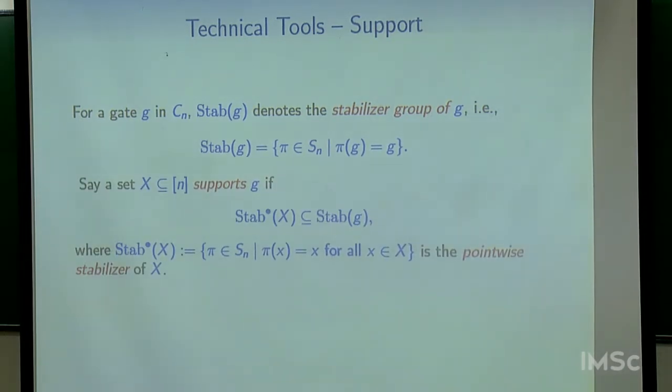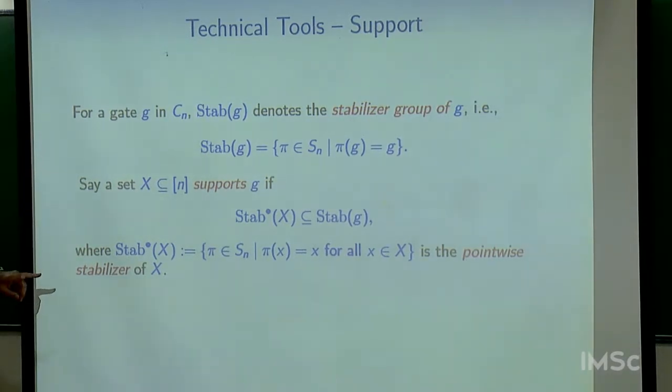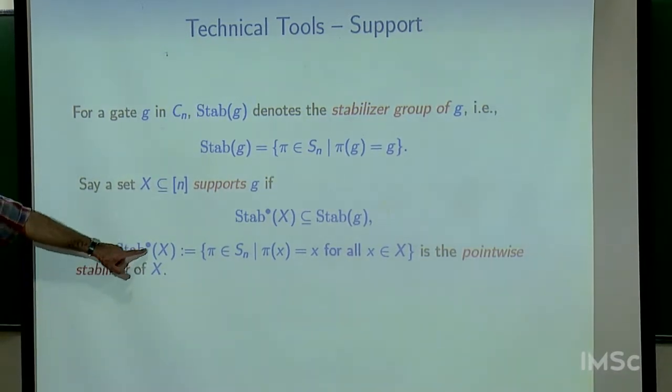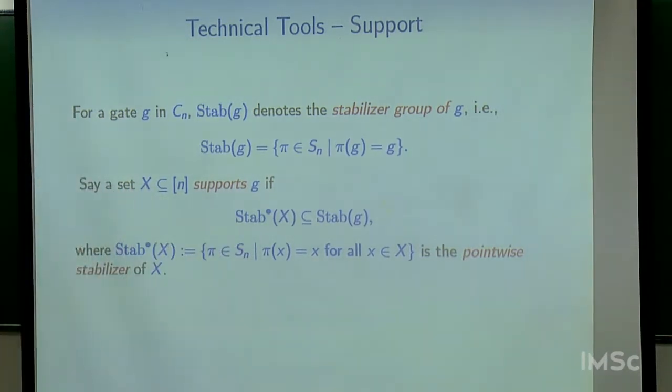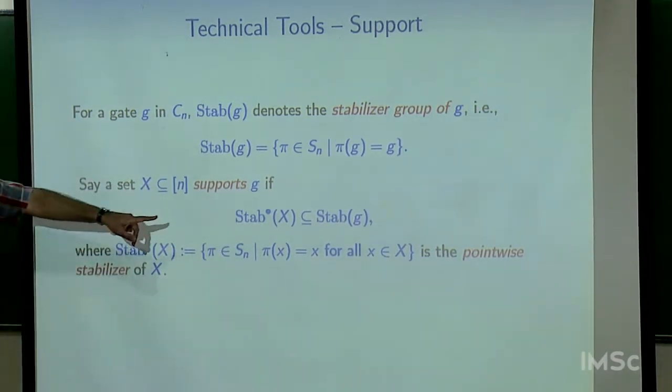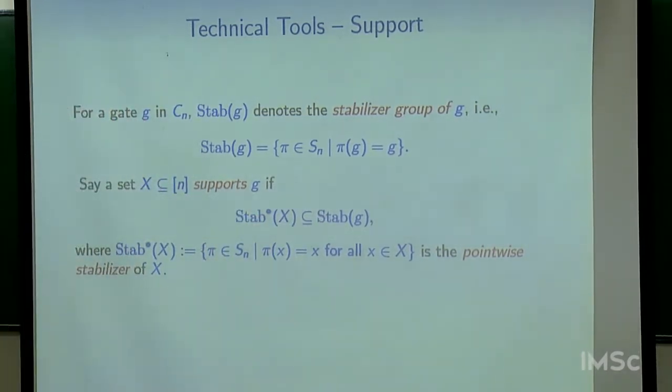We say that a subset X of n supports the gate if the following is true. The pointwise stabilizer of the set X is simply those permutations which fix every element of X. And this is a support of G if everything in this pointwise stabilizer is in the stabilizer of G. In other words, if you fix every element of X by your permutation, then you fix G. Right? G is not going to move under your automorphism.